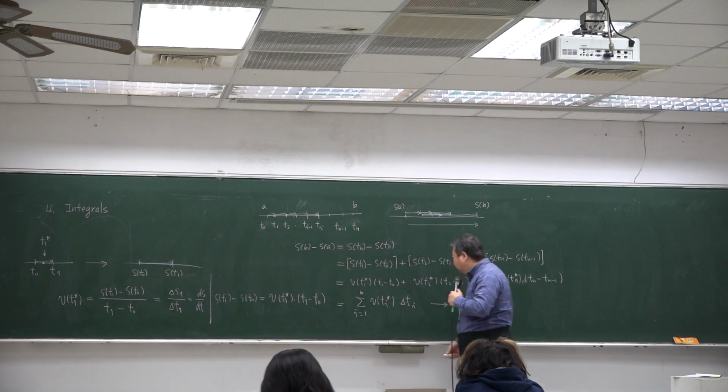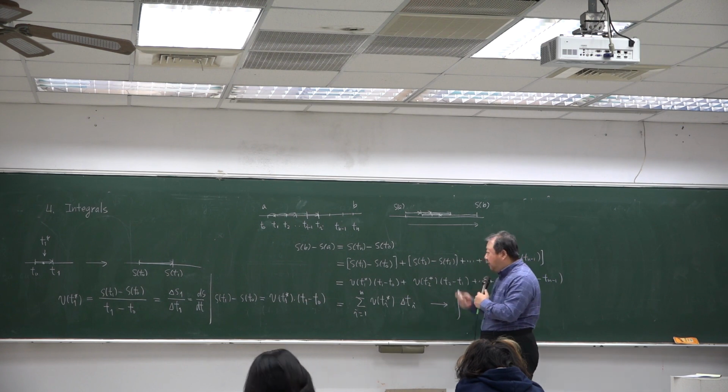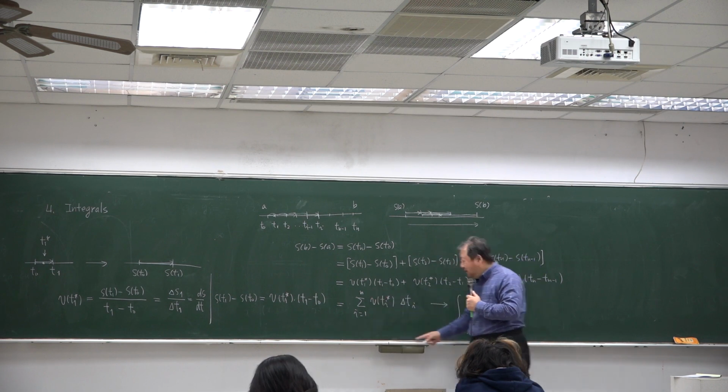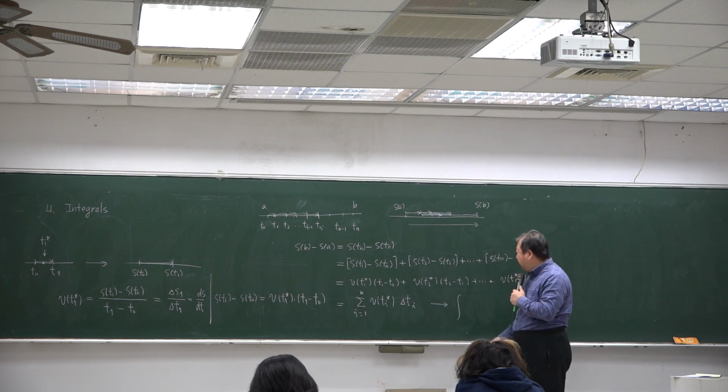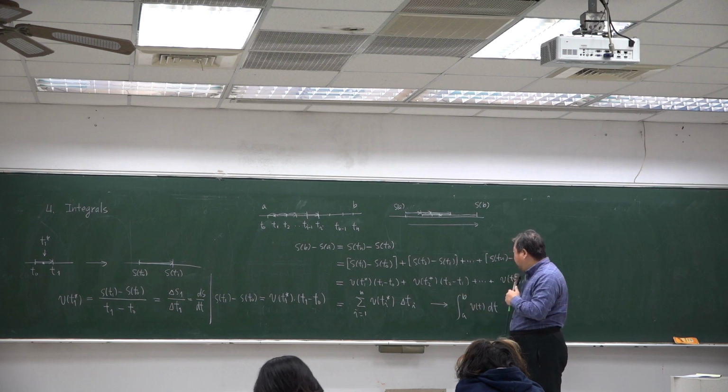Also, if passing the limit, then we use the integral sign, the elongated S, summation S, which stands for the limit of the sum, and use v of t, again the dt, and from a to b.